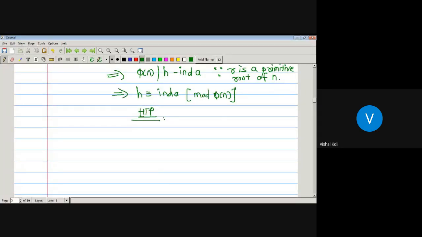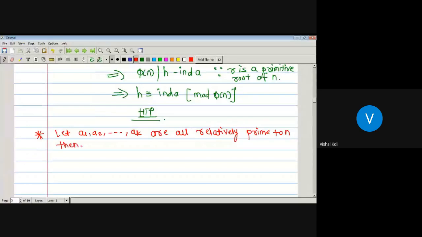Okay, now the next result is: let a1, a2 up to ak be k integers which are all relatively prime to integer n.